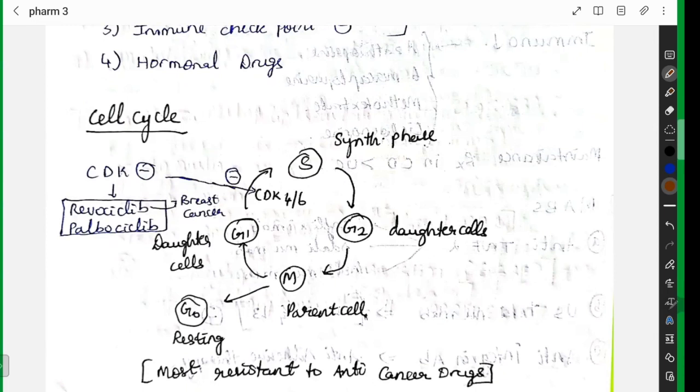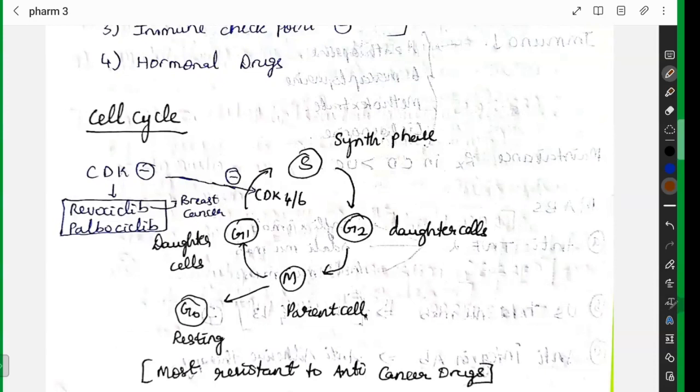You need many enzymes for replication, isn't it? So those enzymes have to be prepared. It has to maintain some conditions in your cell so that cell division can occur. And it has to prepare some energy, ATP, glucose. All these things are required for proper ATP synthesis. So that is prepared in the S phase.